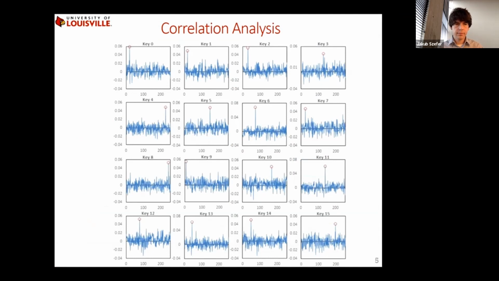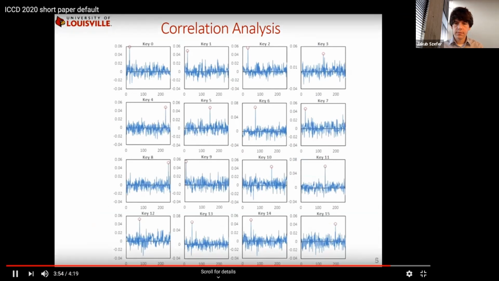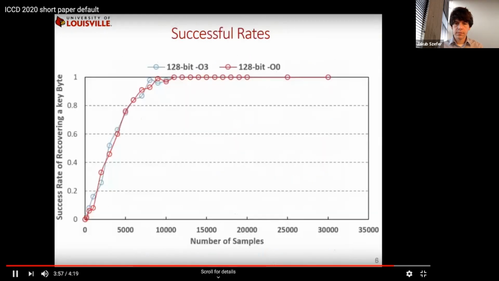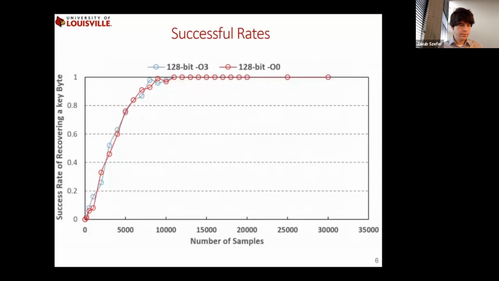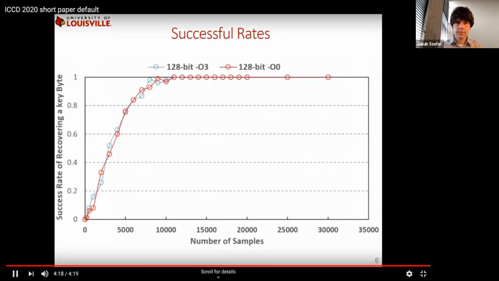As you can see in the red dots, that's the key that can be identified by exploiting the number of loads directly to significantly reduce the number of samples. Our experiment shows that we can derive the keys in less than 6 seconds. So that's a quick introduction. I would encourage you to read our paper.